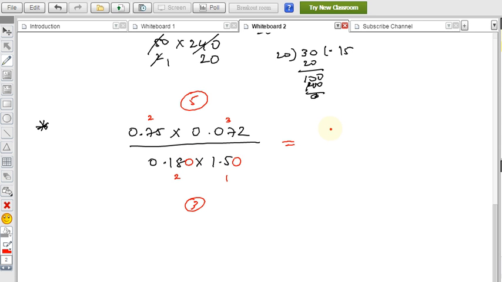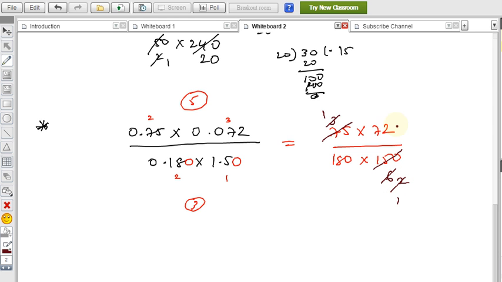Then that becomes 75 into 72. Now don't consider the point when you are doing divisions. By 180 into 150. Without the point, just consider and write. So go for cancellations. Okay, you can cancel with digits: 25 3s are 75, 25 6s are 150, 75 1s are 75, 75 2s are 150.